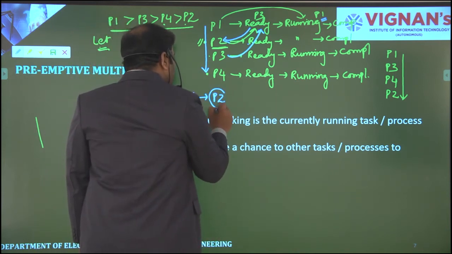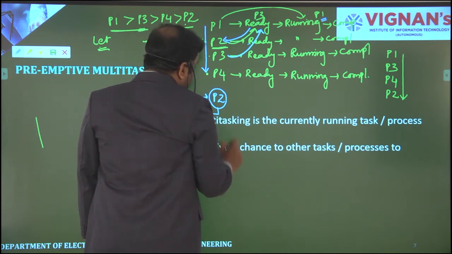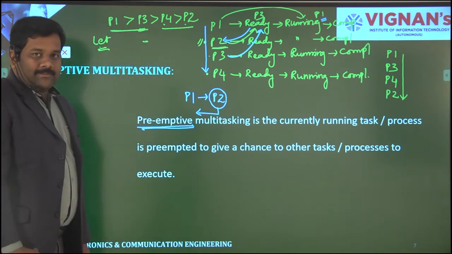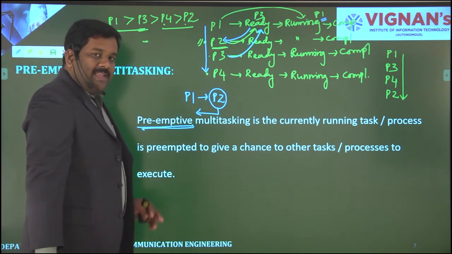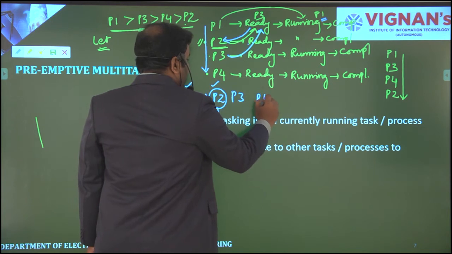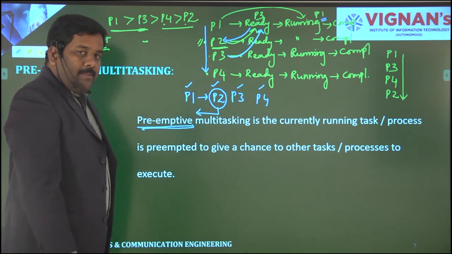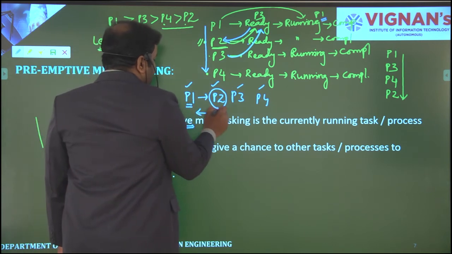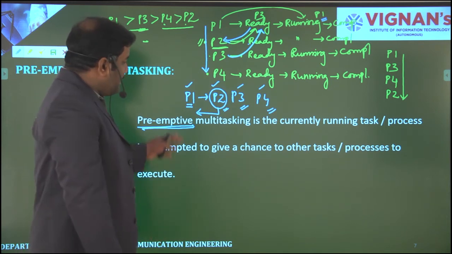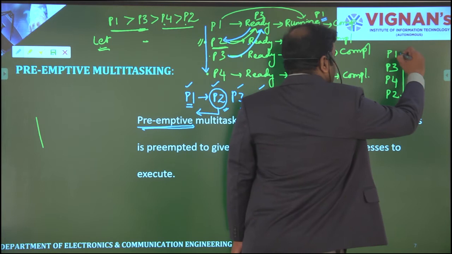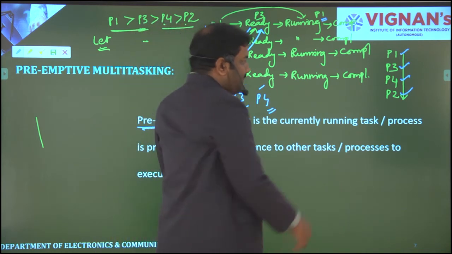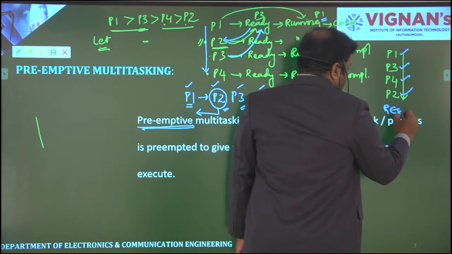The returning of a lesser priority process is known as preemptive multitasking. Here no one gives any assignment, but the priorities between P1, P2, P3 and P4 are checked, and on the basis of priority order these processes will execute. Then it will come in order 1, 3, 4 and finally P2 will come to execute. After completion of these processes, you will finally get the result.